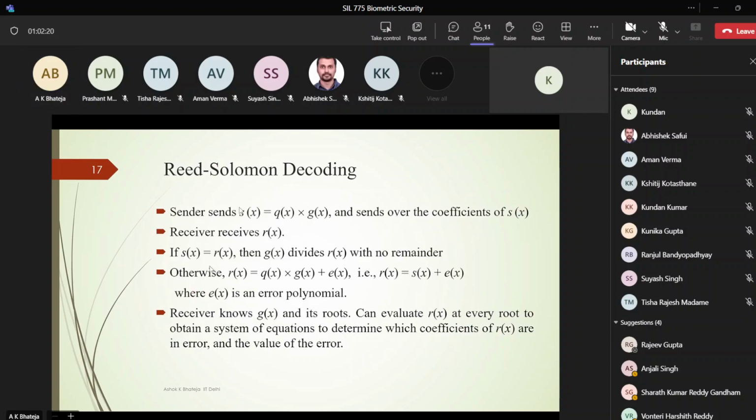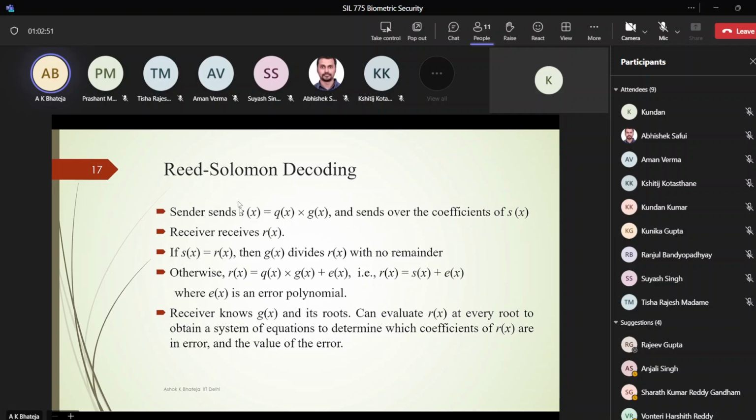So now in Reed-Solomon decoding, the sender has sent S(x) that is equal to q(x) into g(x), because I already told you S(x) is completely divisible by g(x). So S(x) can be written as a factor, that is q(x) into g(x).